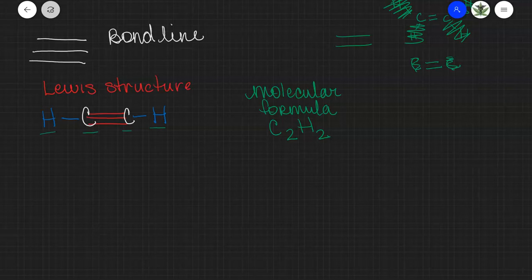In order for me to write my condensed formula, I would need to take a look at my Lewis structure. It says H, C, C, H, if I read it like a book from left to right. Or sometimes you may see it written as CH, CH.